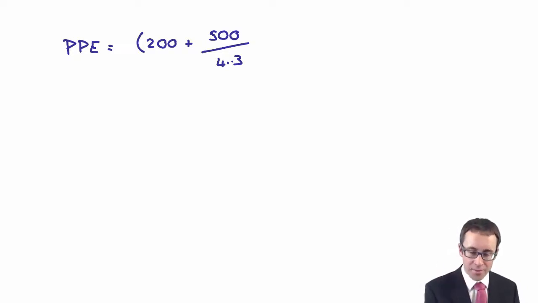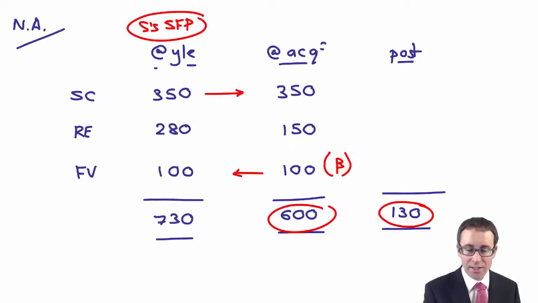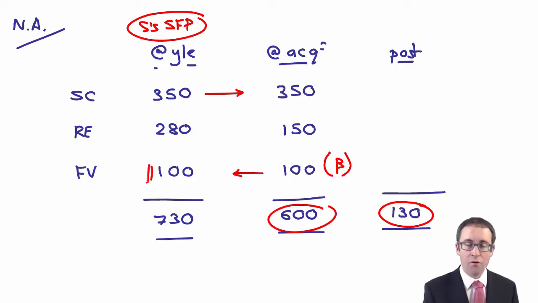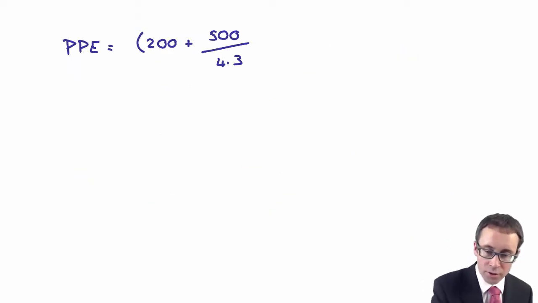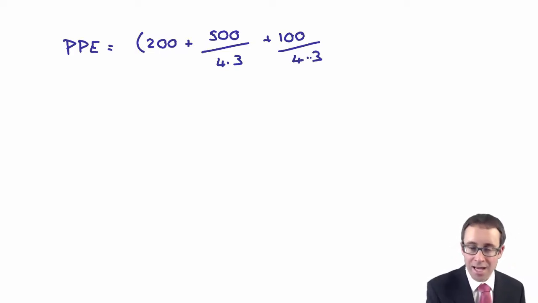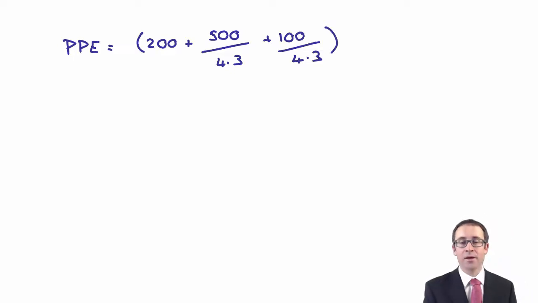Don't forget though, and this is where it can get challenging, you also have a fair value adjustment of 100. That 100 needs to be incorporated at the closing rate because it is in there at dinars. Okay, so in total there's 600 in the sub that's translated at the 4.3.